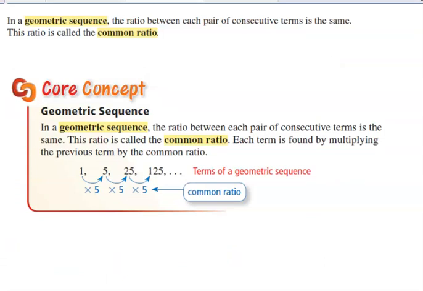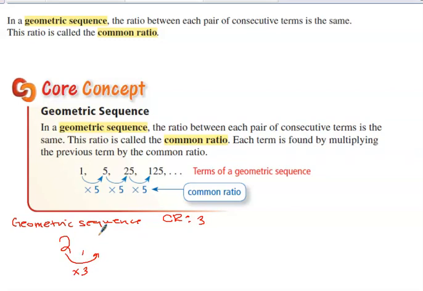In a geometric sequence, we have a common ratio. All that means is that instead of adding to get from one number to the next, we are now multiplying to get from one number to the next. So for example, if I had the number 2, and I told you that this is a geometric sequence, and the common ratio, which I'll abbreviate CR, is 3, then that means to get from 2 to the next number, I would need to multiply by 3.